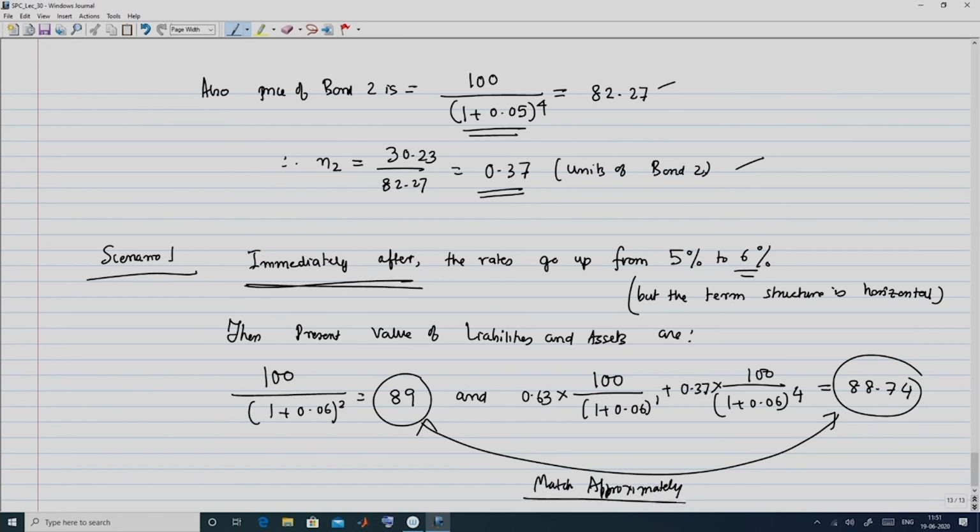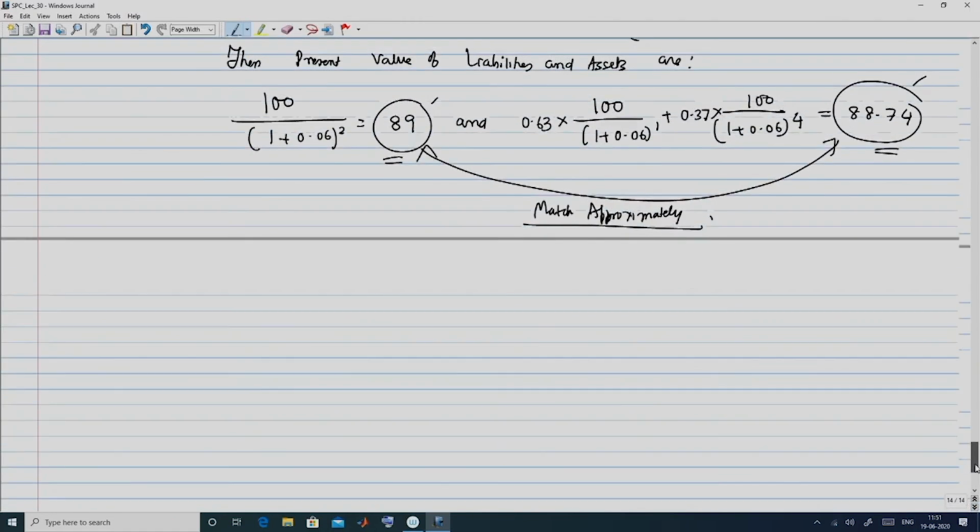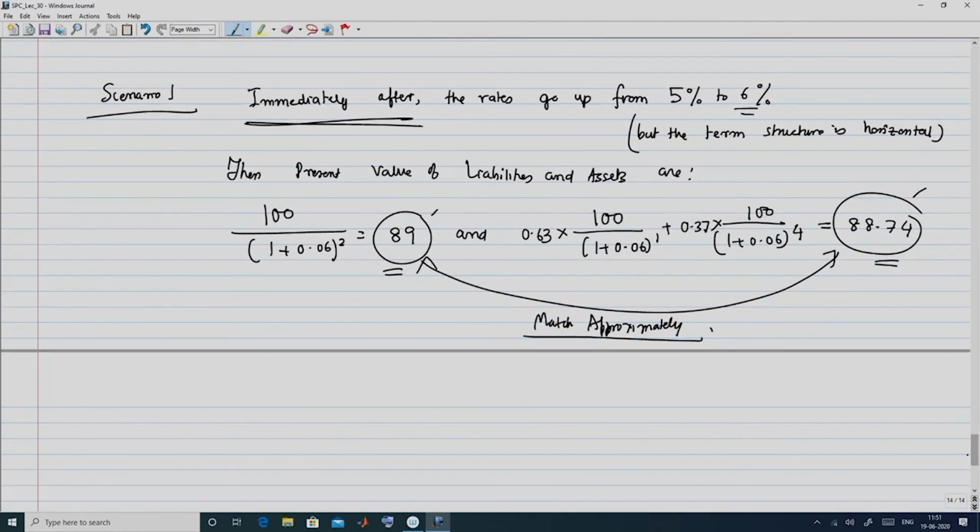So earlier these values were 90.74, but now they are almost matching, with a slight error resulting from the truncations resulting from the approximation used in determining the duration. So this matches approximately.